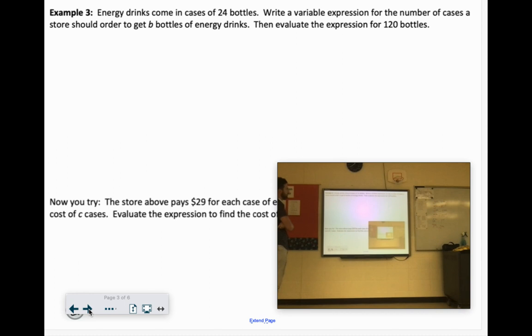So, B bottles. So we're going to take our number of bottles and just divide it by 1 case. So we want B bottles. We need to know how many cases we're going to get, and each case has 24. So we're going to do B divided by 24.